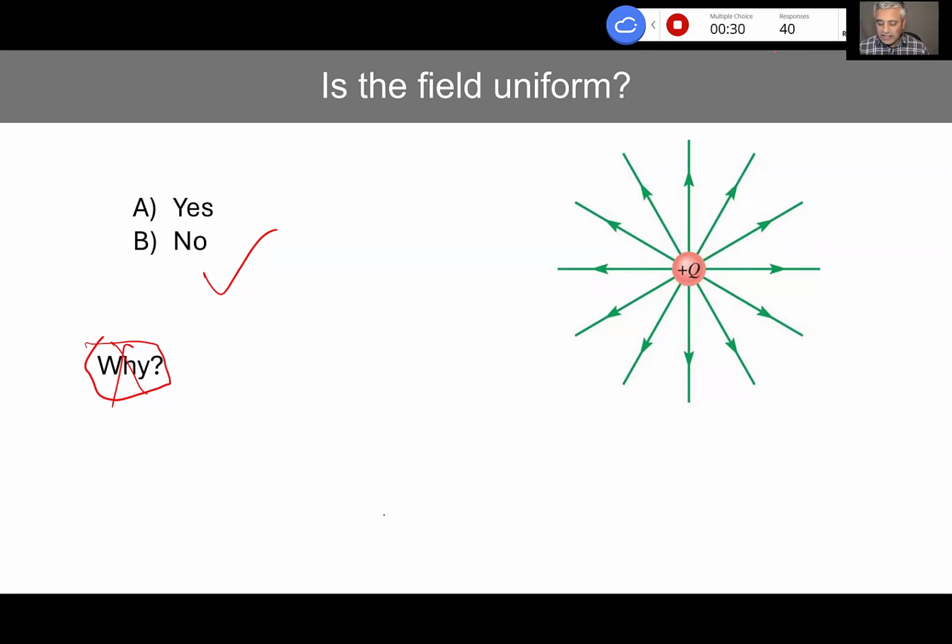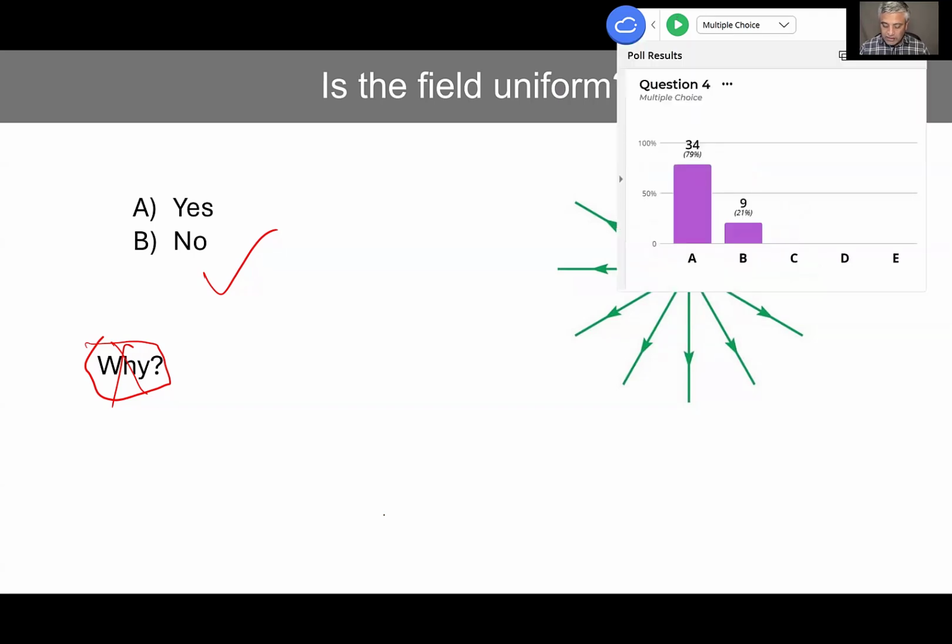And 5 more seconds. 5, 4, 3, 2, 1, and it stops. So let's see what we got here. Mostly yes. Oh, that's interesting. The correct answer is no.